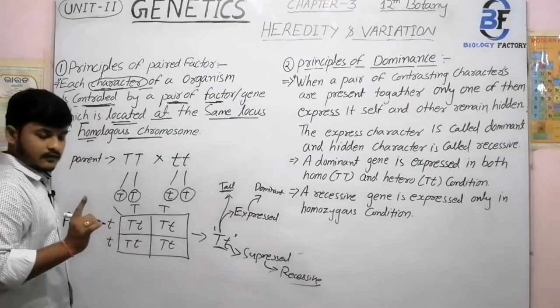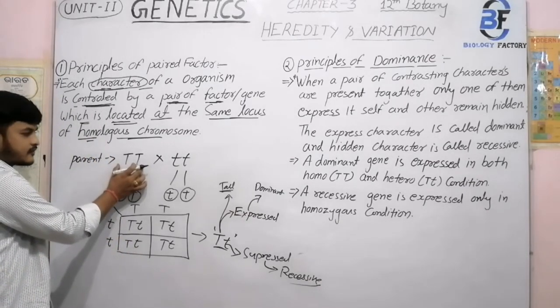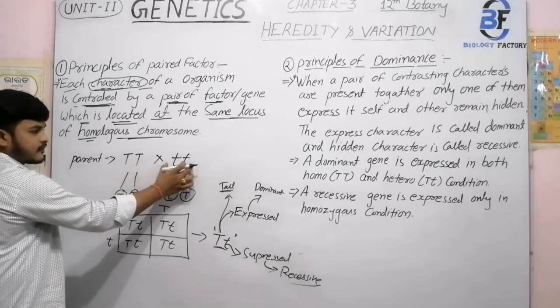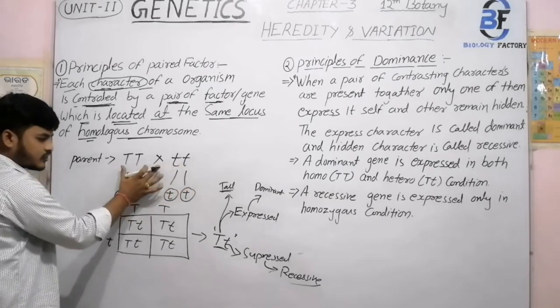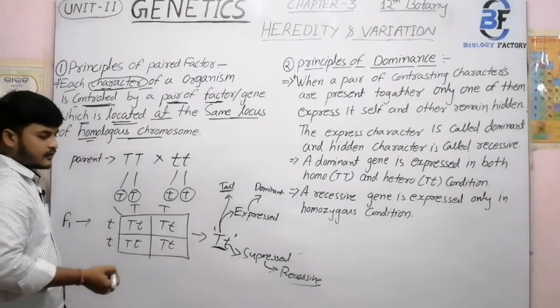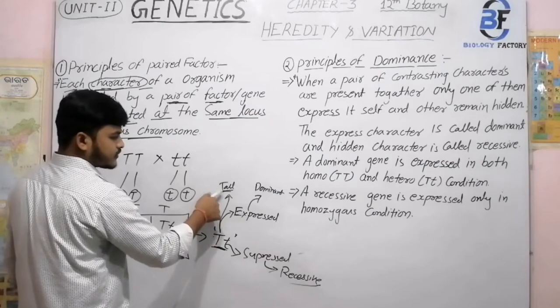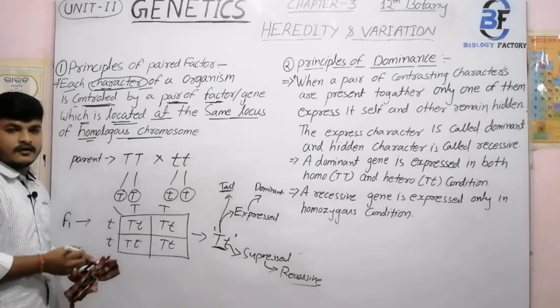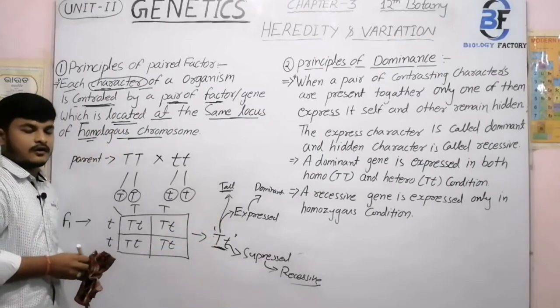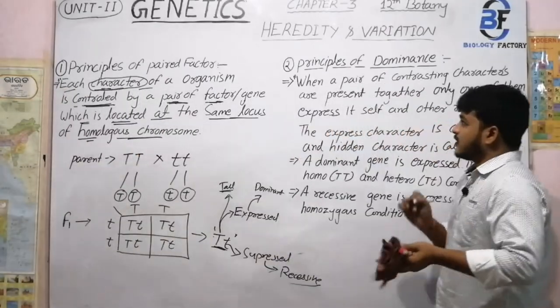I think this is clear. So we take a homozygous capital T and another small t, cross them, and find a heterozygous gene, where the capital T is the expressed character, always known as the dominant character, and the other is the recessive. Let us repeat the point.